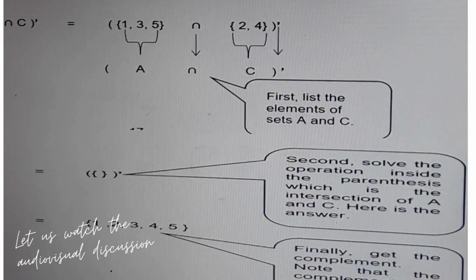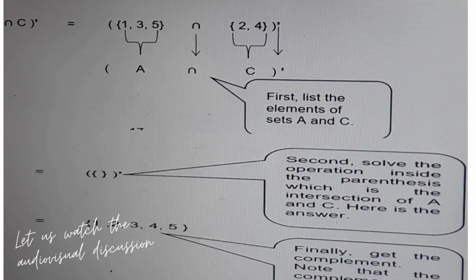Now, what is the intersection between set A and set C? There is no common element between the two, so it's empty.